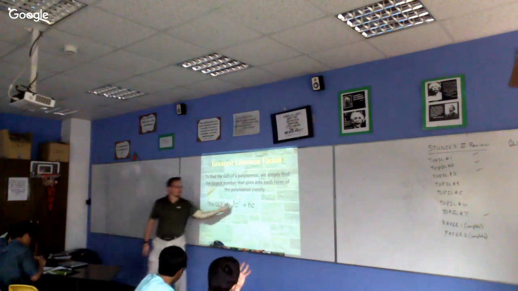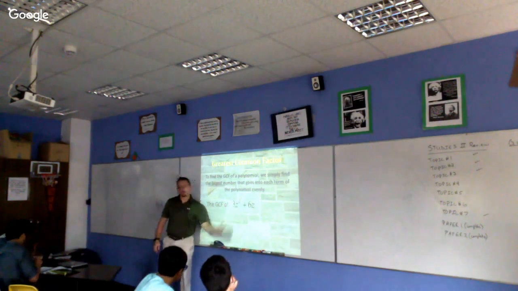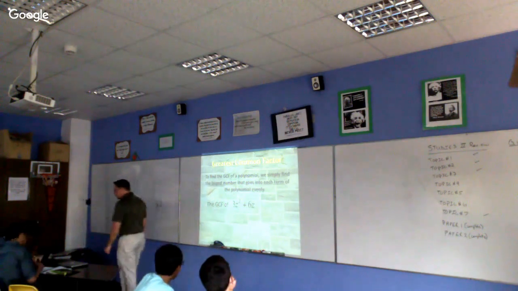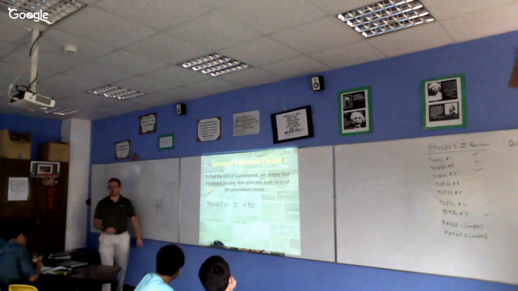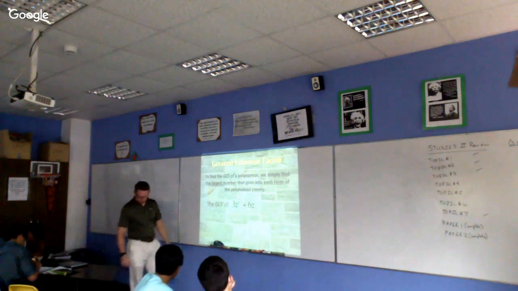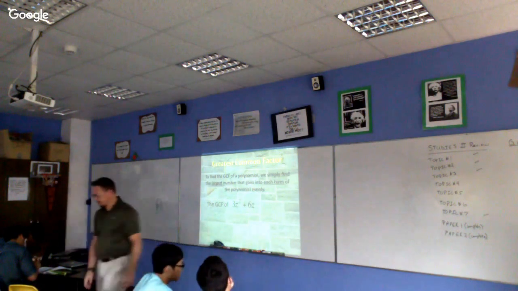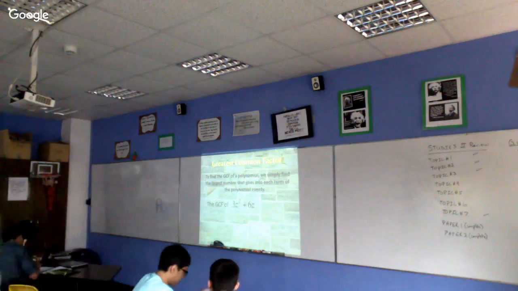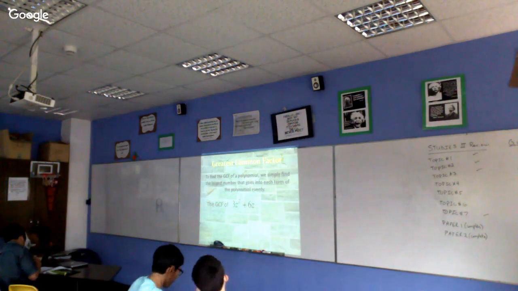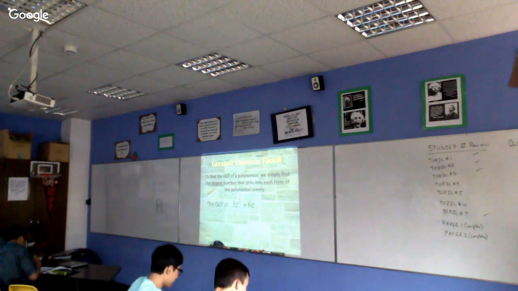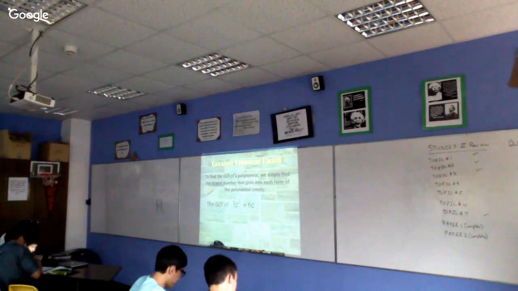What is this 3, by the way? What is that called? What is that thing that sits in front of the variable called? We learned this last year, probably in about 6th grade.